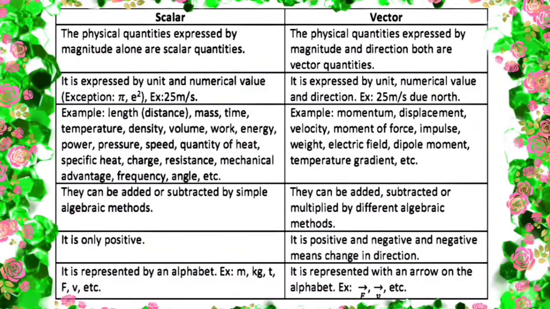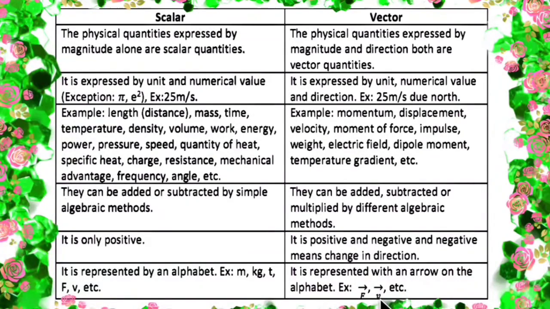A scalar quantity is represented by an alphabet. Example, M, kg, T, F, V. Whereas in case of vector quantity, it is represented with an arrow on the alphabet. In this case force, we have an arrow on top of it. This indicates that it's a vector quantity.